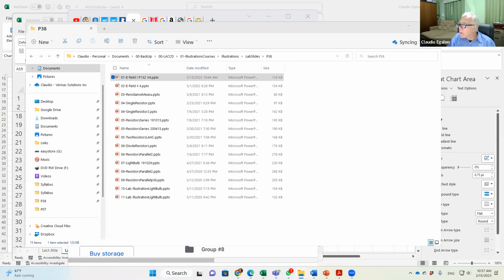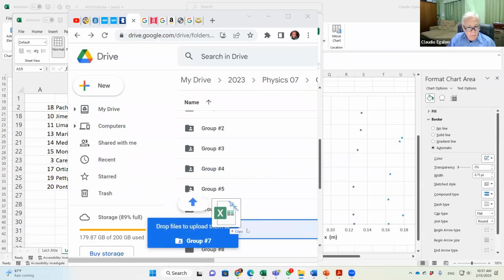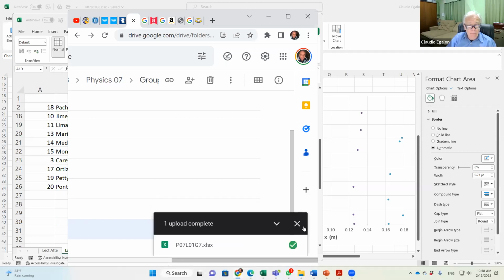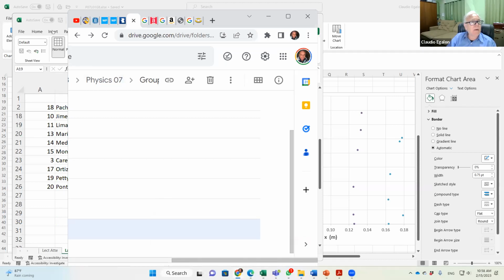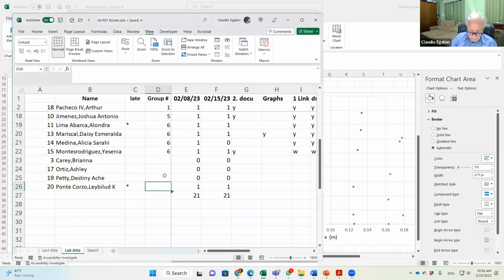Good, the spreadsheet's in there. I'll label it group 7.